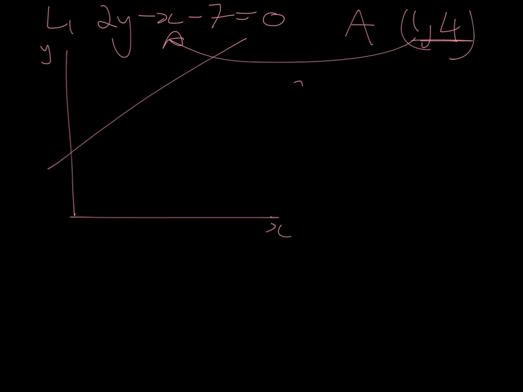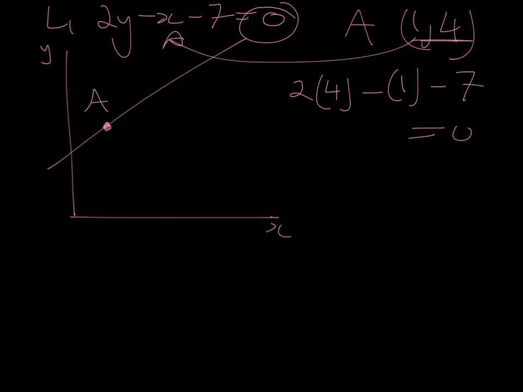So we're going to do 2 times y minus x minus 7 and see what we get. So if we get 2 times 4, we're going to get 8 minus 1 is 7 minus 7. That does give us 0. Therefore, because it equals 0, it must be on the line. So we can mark on the point here A as 1, 4.